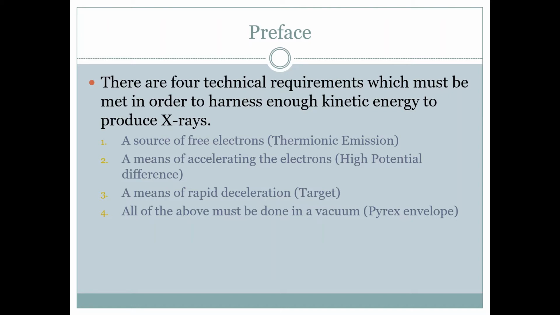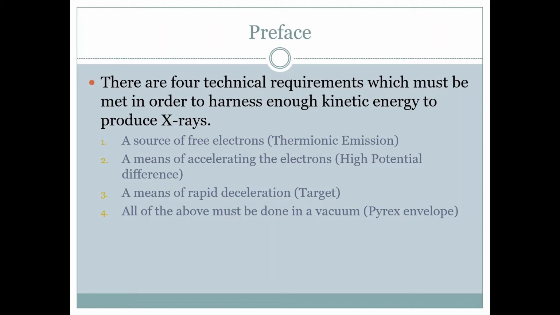Lower voltages would still push electrons across, but it wouldn't give them enough kinetic energy, enough speed energy, to actually produce X-rays. We'll learn why in just a little bit. All right, so now you've got a source of electrons, and you've got them flying across a short gap, about a 1-inch gap, at close to 50% the speed of light.